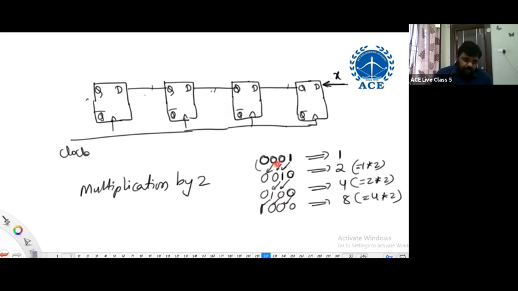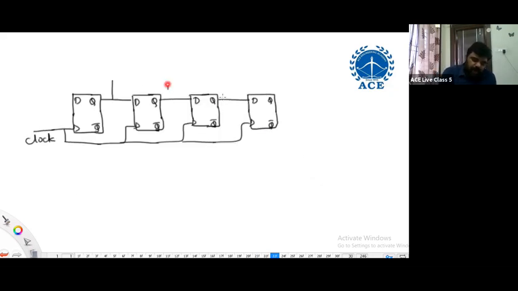That means it is possible to read at every clock cycle at every flip-flop output. At every clock cycle, it is possible to read at the output of each and every flip-flop. That we name parallel reading. So parallel reading is possible.